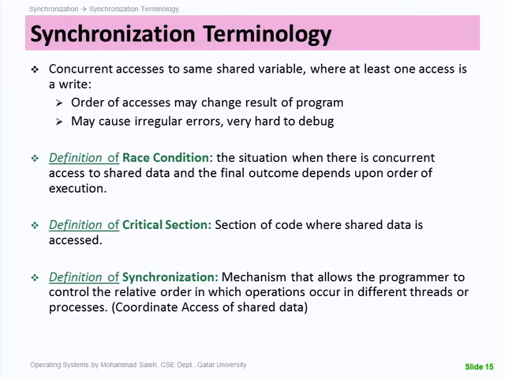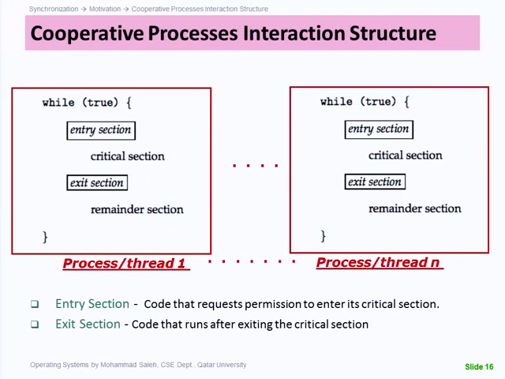The rest of the code is non-critical section. The only thing that we need to worry about is the critical section. And then synchronization is the mechanism that we use to control the relative order of access to this shared variable to ensure that it has a consistent view. Clear? Okay, these are some of the terminologies.